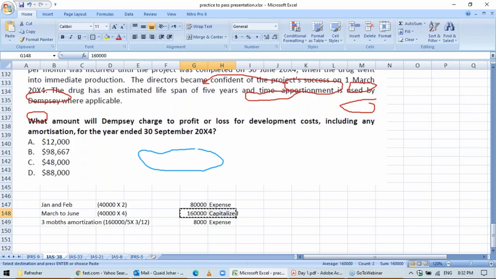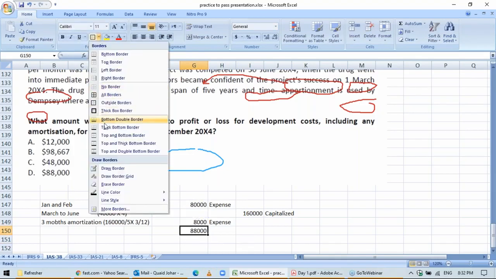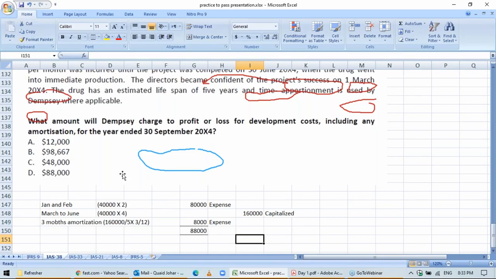So except this capitalized amount, which has moved down towards right, the two items going to profit and loss are the 2 months expense, which will not be capitalized, and the amortization. So the total amount charged to profit and loss is 88,000. Right. So the correct answer is D.